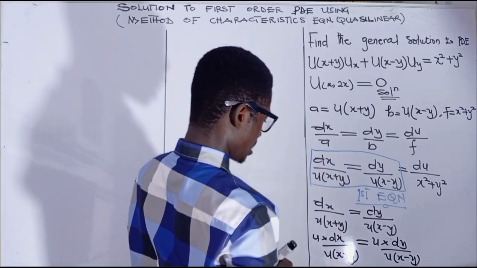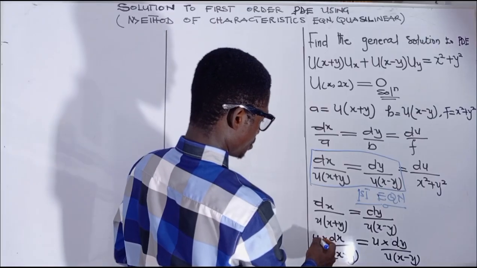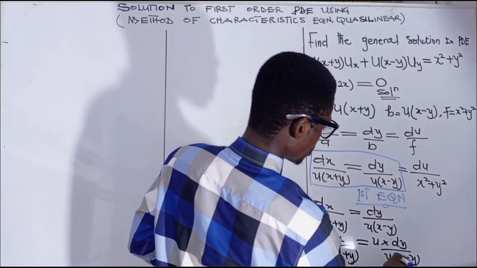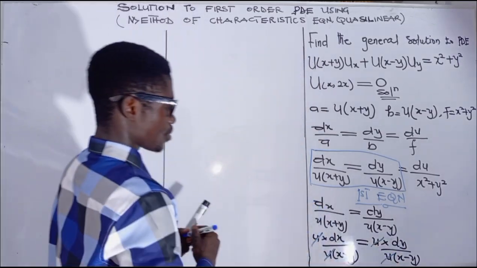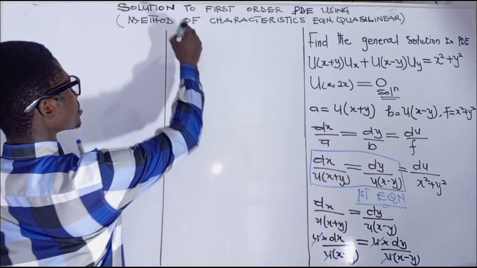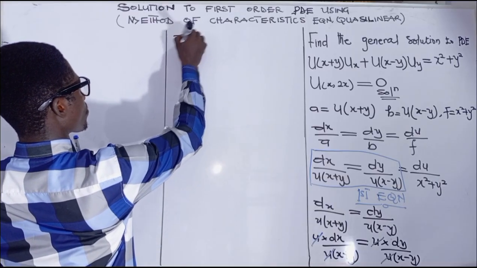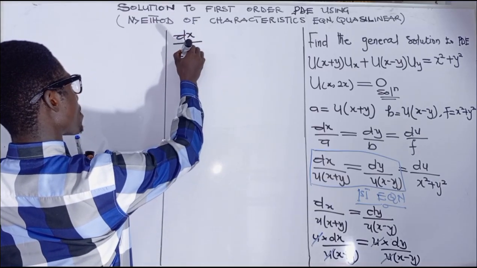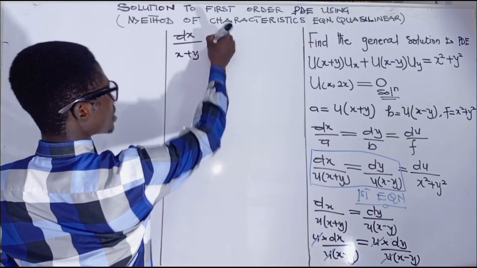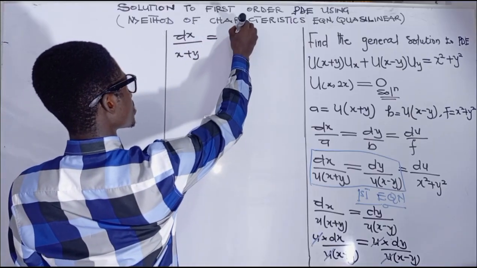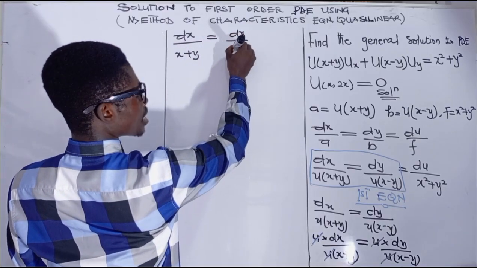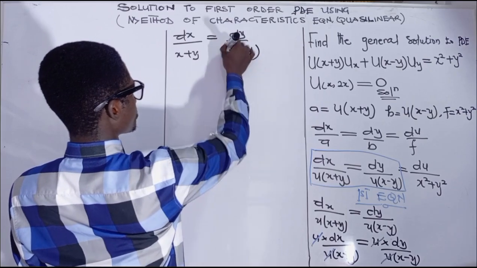From here you can see that this u will cancel this u, and this u also cancels this u. So we are left with dx all over x plus y is equal to dy all over x minus y.